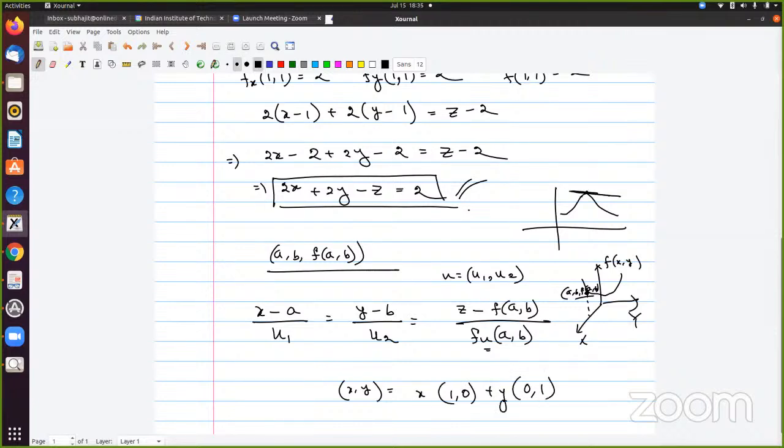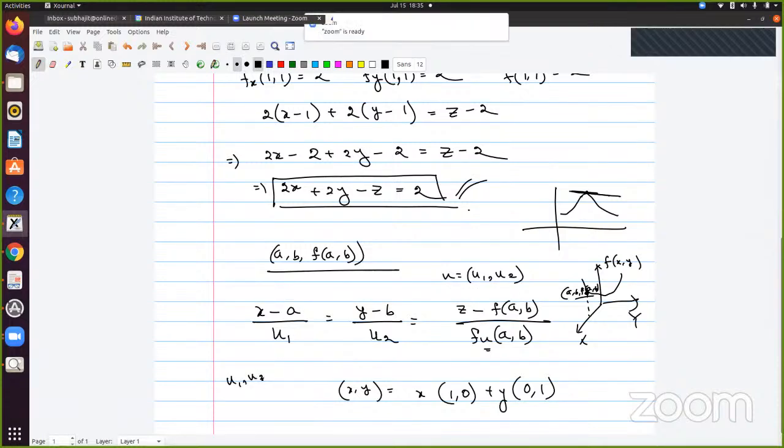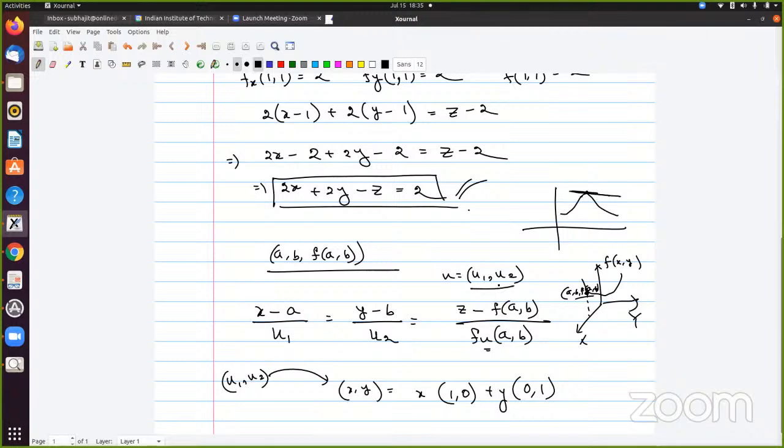So that's how you have written. Now you have some other unit vector u1 and u2. Then you are expressing this in terms of xy basically, correct? This is another unit vector. So instead of xy, you are expressing u1 and u2 in terms of this.